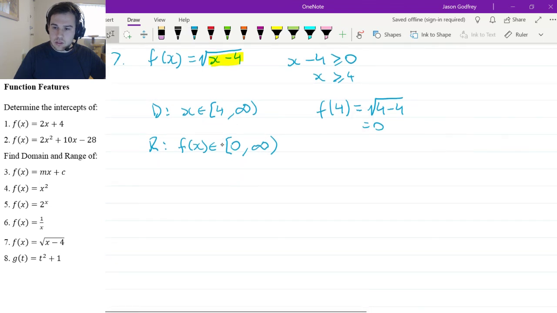Okay, so the reason I wrote the range a little bit differently there, as f of x rather than y, is because with the last one here we've got some different naming. Instead of x as the input variable, we've got t, and the function is called g of t rather than f of x.